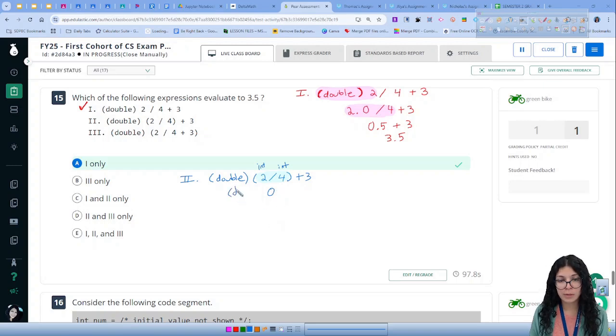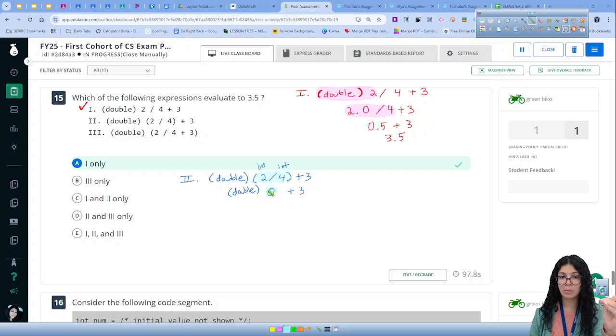So I will bring everything else down. Okay, now that I did the division, the next thing I have is typecasting and adding. Well, after parentheses, the next step is typecasting. So now it will typecast the 0 to a double.